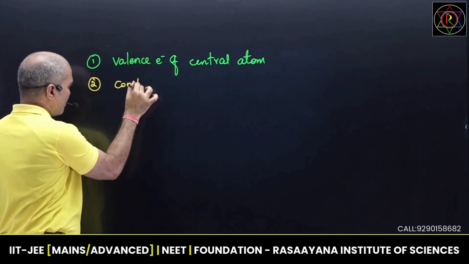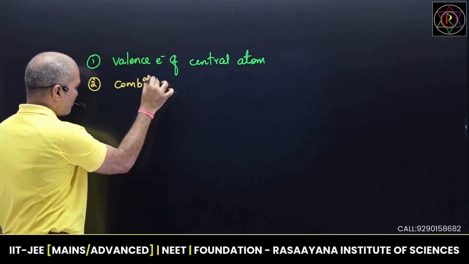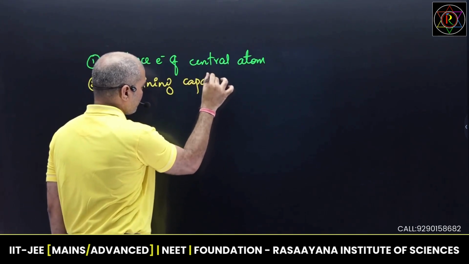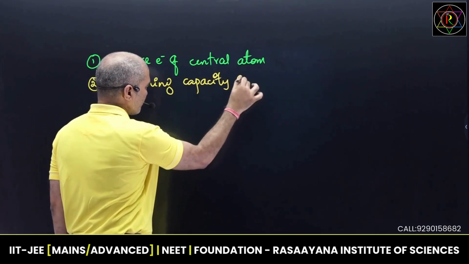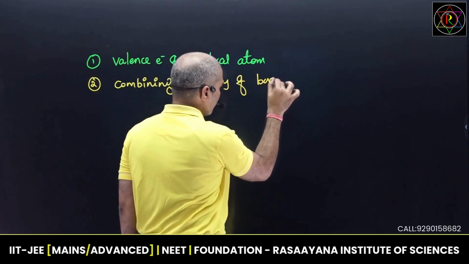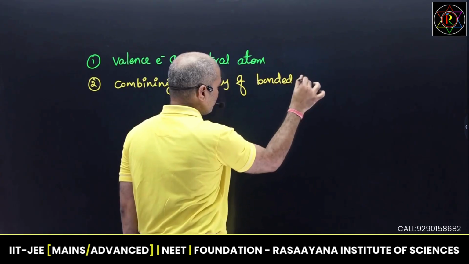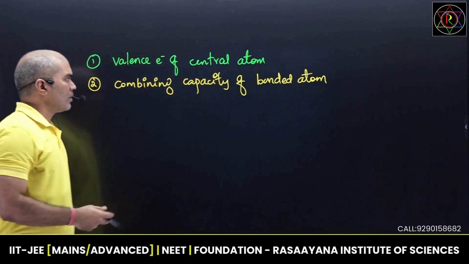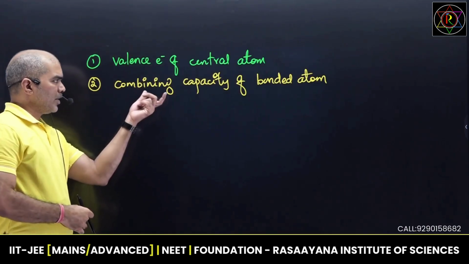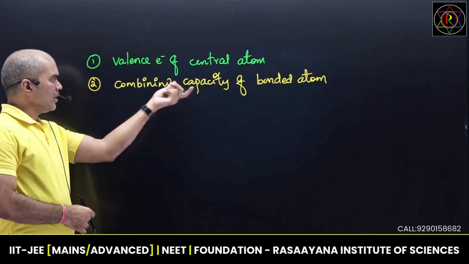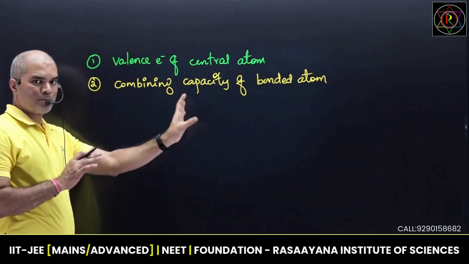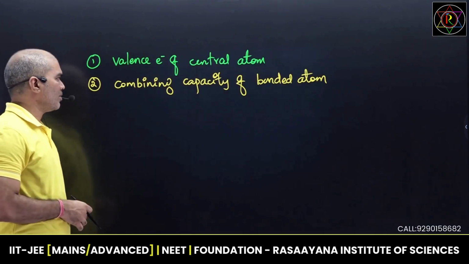Second one, valency or combining capacity of the bonded atom. Third one, we have to assign the steric number, and then from the steric number we have hybridization and the corresponding electronic geometry and molecular geometry.